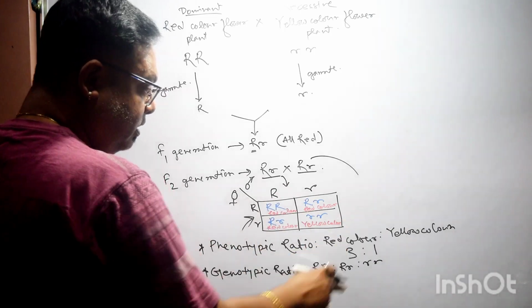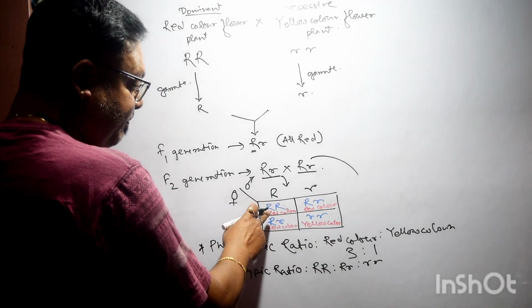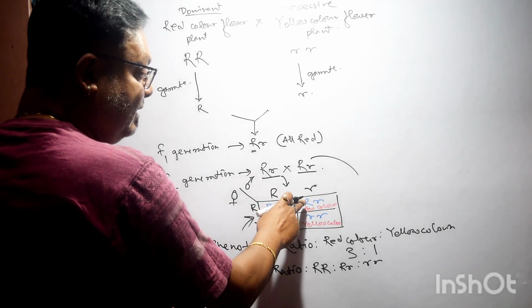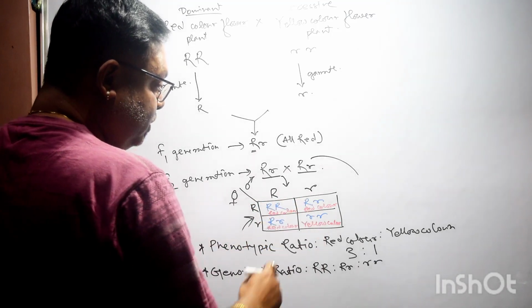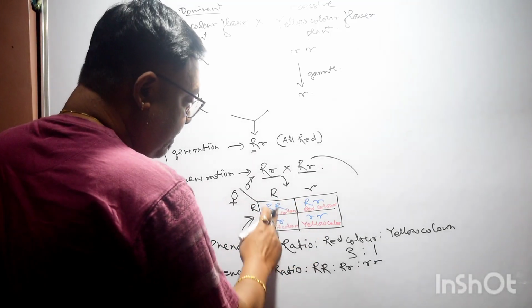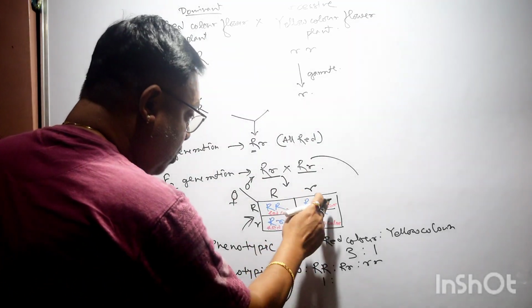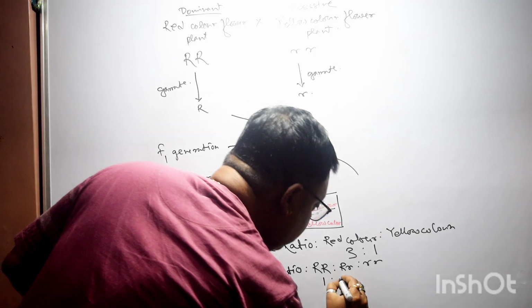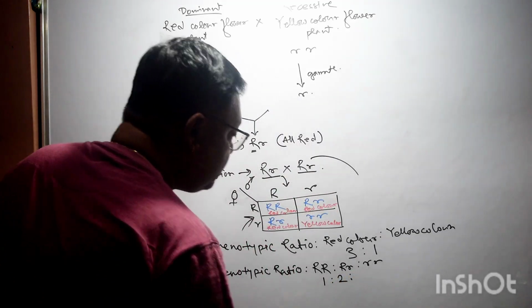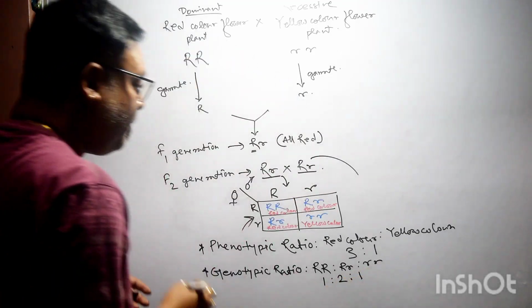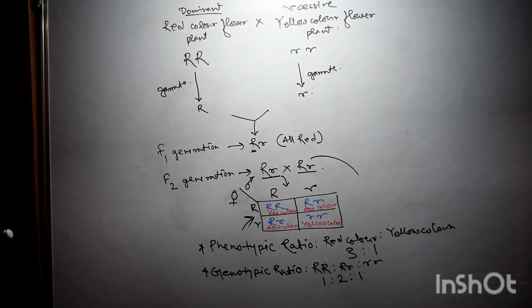We'll go in sequence. First is capital R capital R, then capital R smaller r, then smaller r smaller r. Capital R capital R only 1, capital R smaller r is 2, and smaller r smaller r is 1. So your genotypic ratio will be 1 is to 2 is to 1.